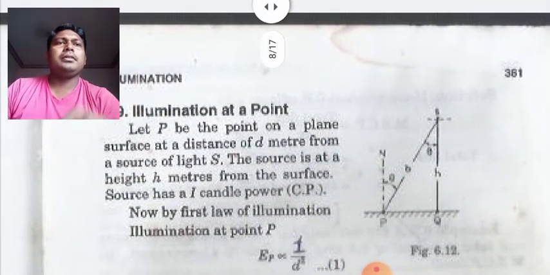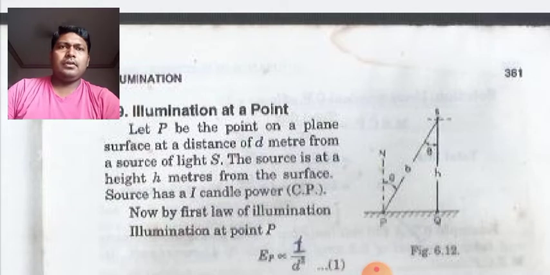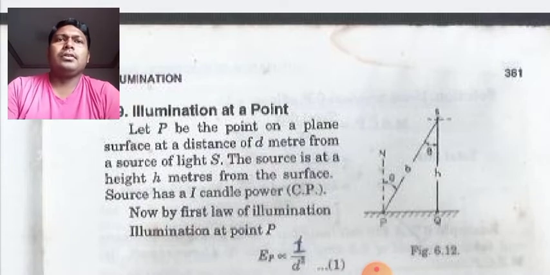Illumination at a point. Now what about a point which has to be illuminated? So we will discuss now. Let P be a point on a plane surface.